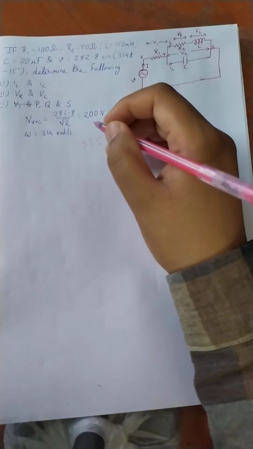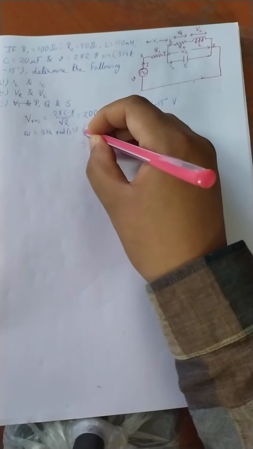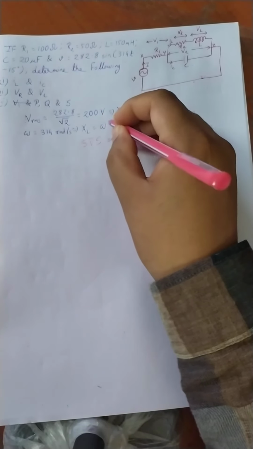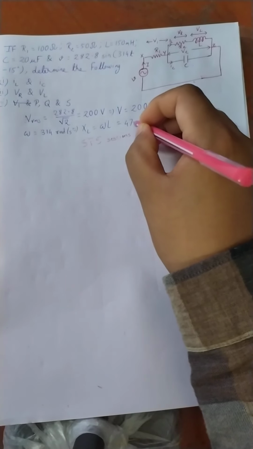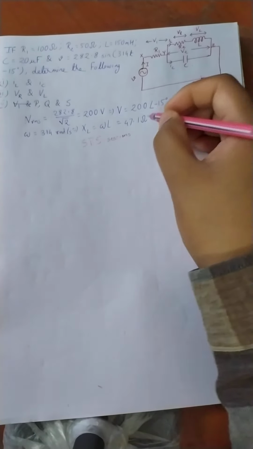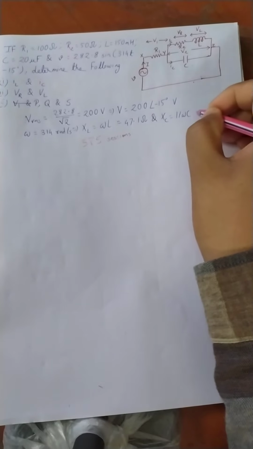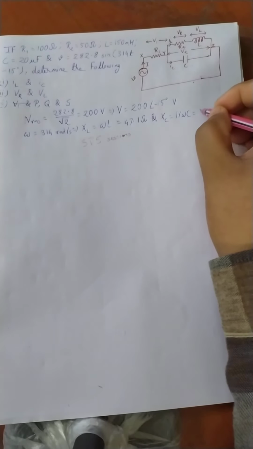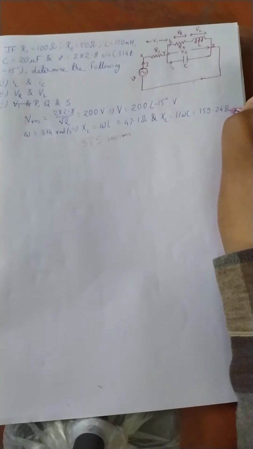Now once omega is given, we can find XL equal to omega L, and the value comes to be 47.1 ohm, and XC would be 1 by omega C, and the value comes to be 159.24 ohm.